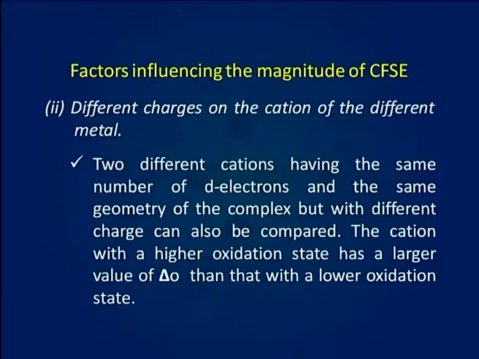The cation with a higher oxidation state has a larger value of Δo than that with a lower oxidation state. For example, the behavior towards the same ligand of vanadium 2+ and chromium 3+, which are both d3 ions, can be compared.